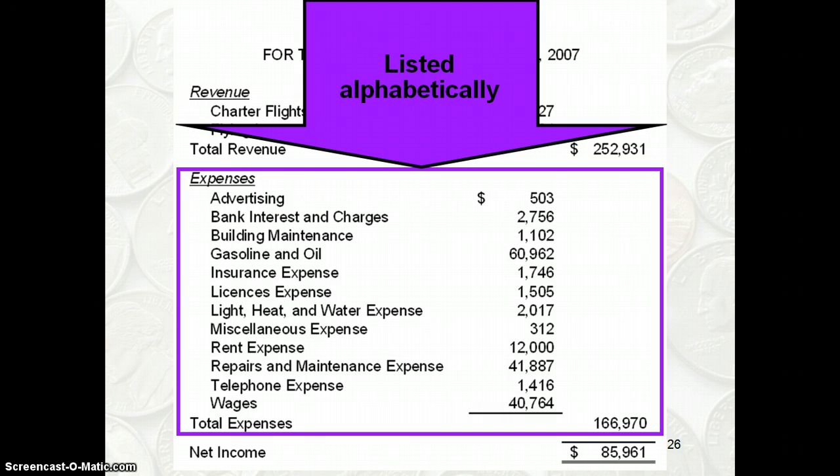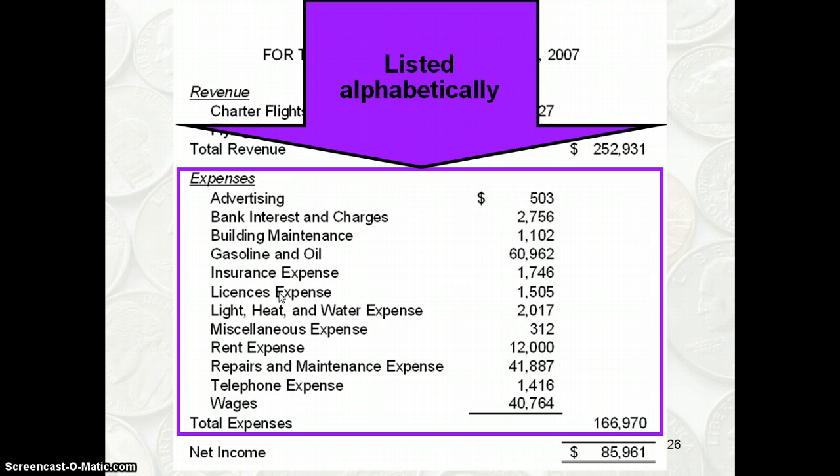Once again, these numbers are coming from the ledger accounts or the T-charts with the final circled value. Once you've listed all of the expense accounts, along with their monetary value, you will total up the expenses at the bottom, right here. A single underline will be added after the very last expense has been added to the list, and then your total for all the expenses will be written into the second column, just like it was for the revenue.